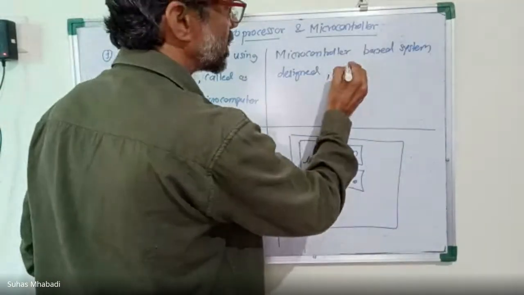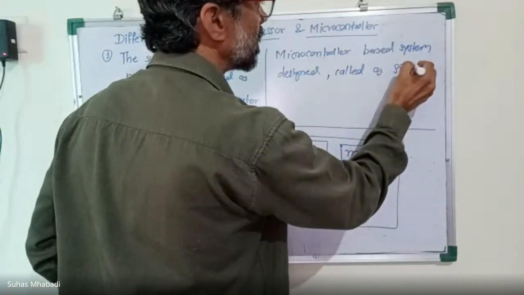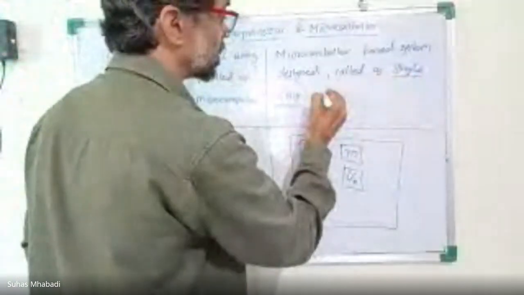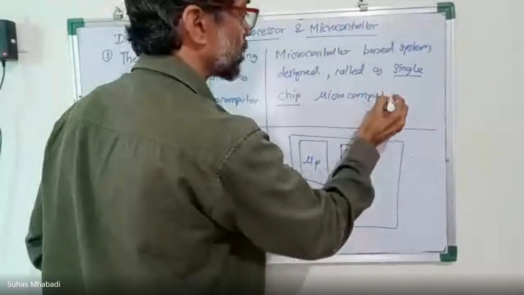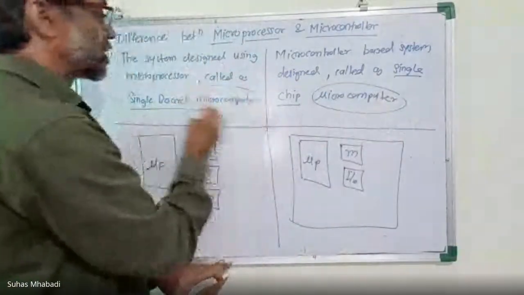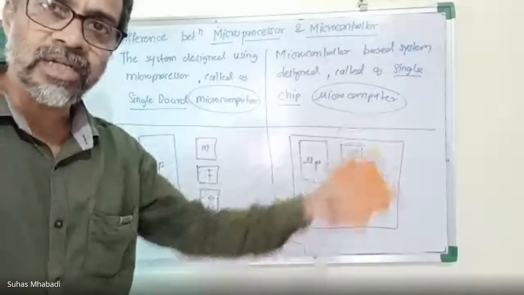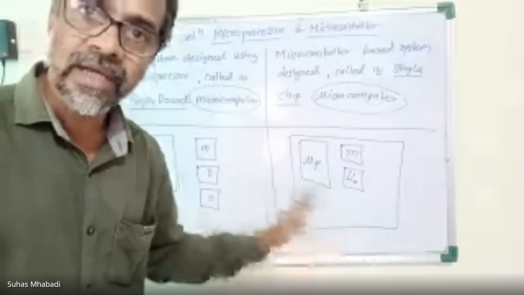So it is called a single chip. हे बघा सिंगल बोर्ड आणि हा आहे सिंगल चिप मायक्रो कम्प्युटर. These things are same, but one of them is called single board, the other one is called single chip. कारण त्या सिंगल चिप वरतीच हे सगळं ऑलरेडी आहे.